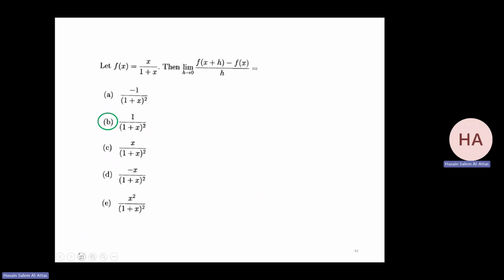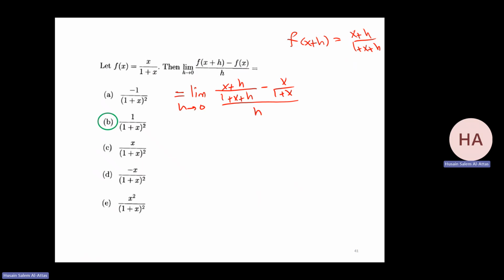Yeah, this is the last one, before I stop. So what is f of x plus h? Be careful here. I have (x plus h) over (1 plus x plus h). Do the calculation. Limit h goes to 0 of (x plus h) over (1 plus x plus h) minus x over (1 plus x), all over h.